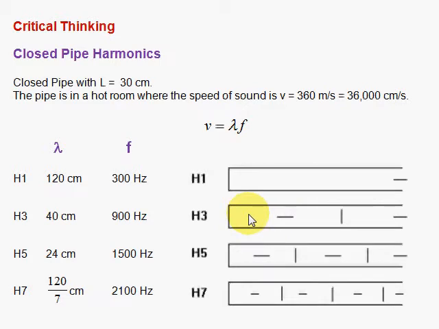One last thing to consider here is the idea of capping a pipe. If this pipe has an open end here, it's an open pipe, and you may recall from the previous video that we had a 60 here and a 600 here. When we cap the pipe, we drop down an octave. So the 600 from before becomes 300, and when you drop the frequency down by a factor of 2, in other words, you drop down 1 octave, then you must double the wavelength.